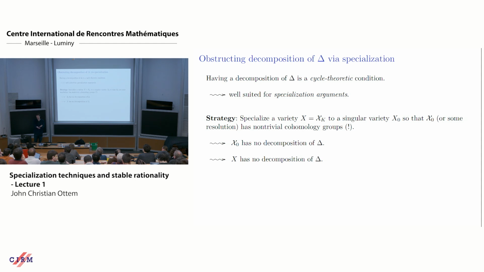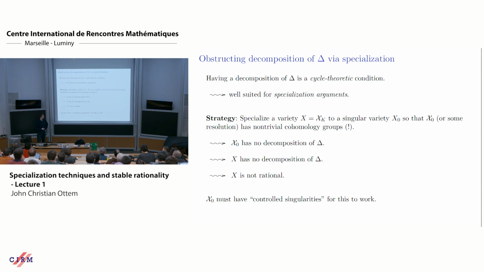So if you're lucky that you can degenerate to some variety where on some resolution there are homology groups that prevent having a decomposition of the diagonal, you can deduce that the generic fiber does not have a decomposition of the diagonal either. And hence X is not rational. So this is a very basic specialization argument.